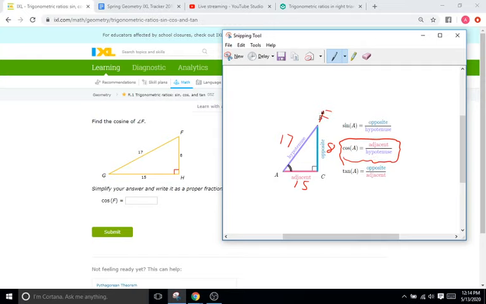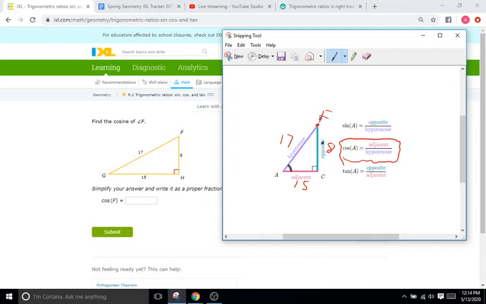So we go to corner F right here, and the adjacent side is going to be the side that is intersecting at the point F. That is not the hypotenuse. Okay, so we are at F right here, and we see one side that is connected to point F is the hypotenuse. We're going to leave that alone. And this right here is going to be our adjacent.